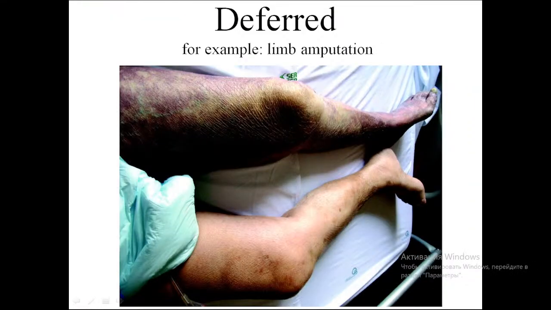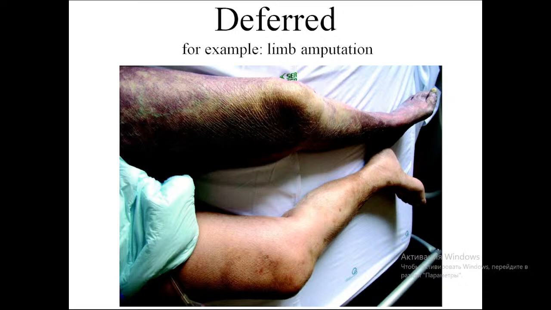This is an example of deferred surgery, and you can see in the slide the limb amputation. Why does this patient need limb amputation? This patient has vessel damage.